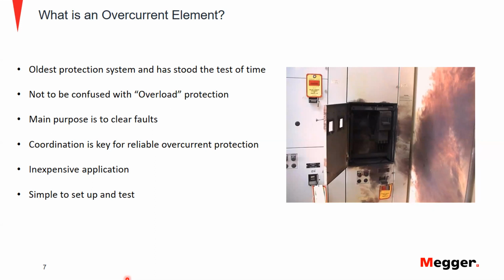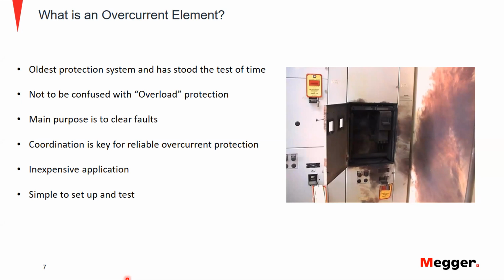So the main purpose of overcurrent is to actually clear the fault. That's our main objective with overcurrents. This protection is against excessive currents, and we want to make sure that the current does not go beyond the acceptable current rating of the equipment that it is protecting as well.